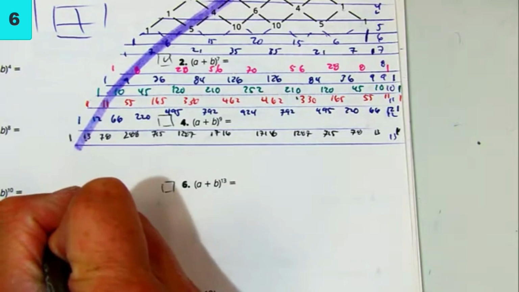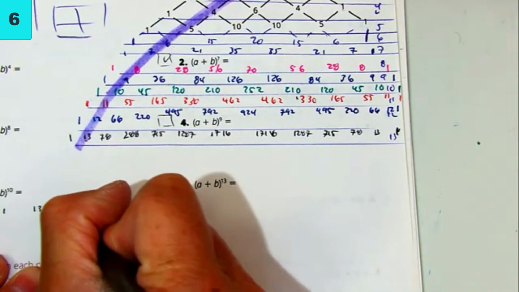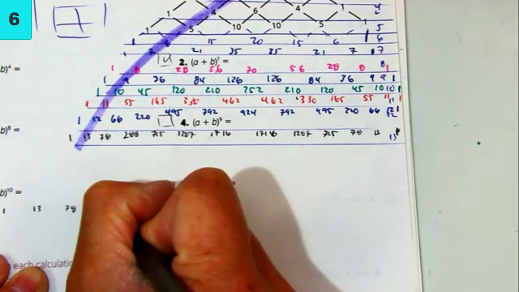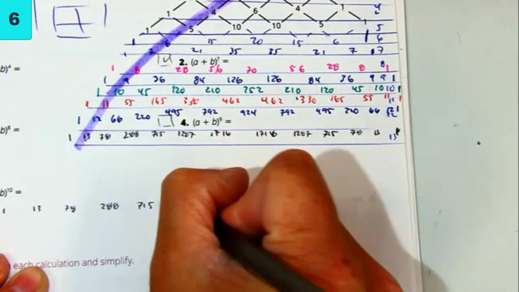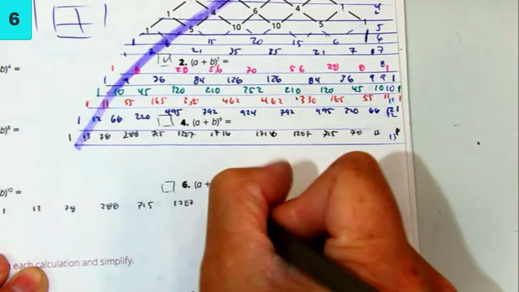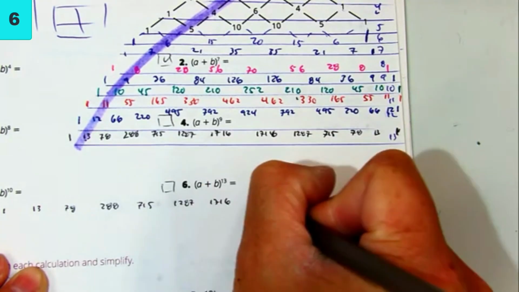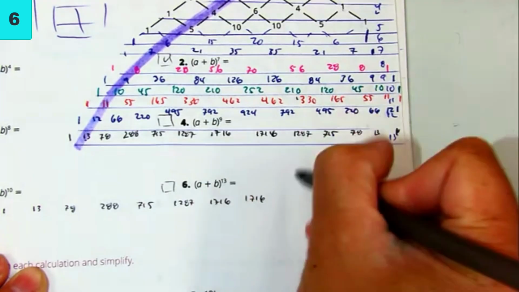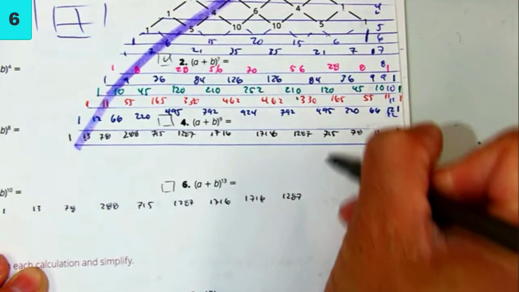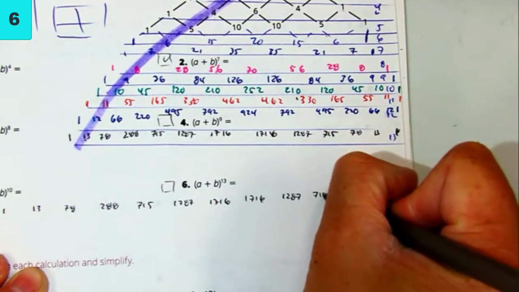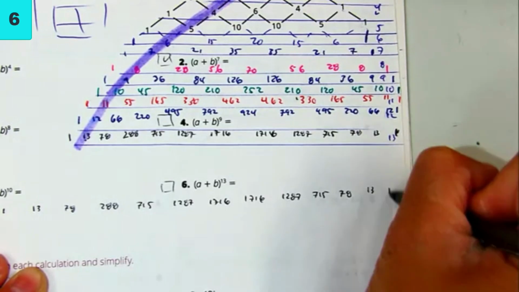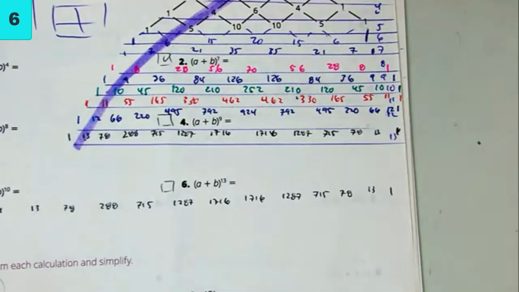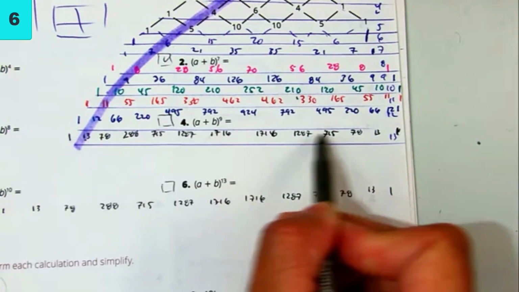And leave yourself some space. 78, 288, 715, 1287, 1716, 1716, 1287, 715, 78, 13, and 1. So what I did is I just wrote down all the coefficients here for the 13th power.